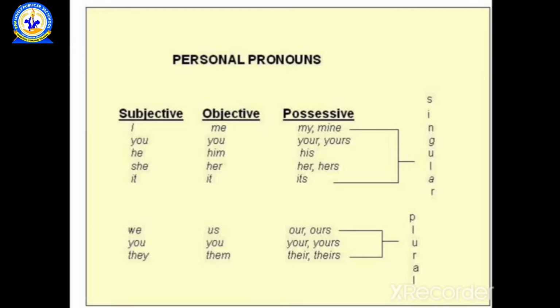Now talking about the plural, we use we in the subjective, us in the objective, our and ours in the possessive case, you in the subjective, you in the objective, and yours under the possessive case. We use they in the subjective, them in the objective, and their or theirs in the possessive case.